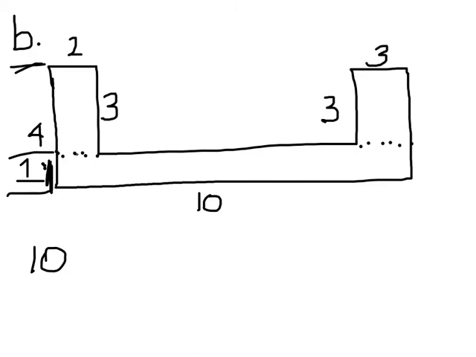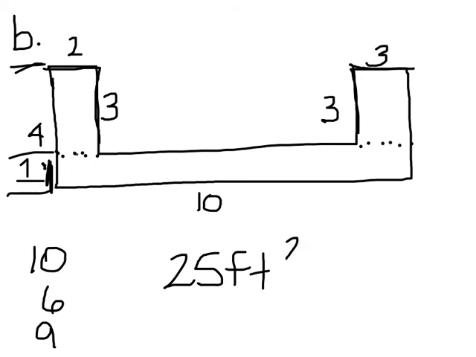Alright, and then I can say this is 3 times 2, which is 6. And over here we have 3 times 3, which is 9. And when I add 10 plus 9 plus 6, I get 25 feet squared is my answer.